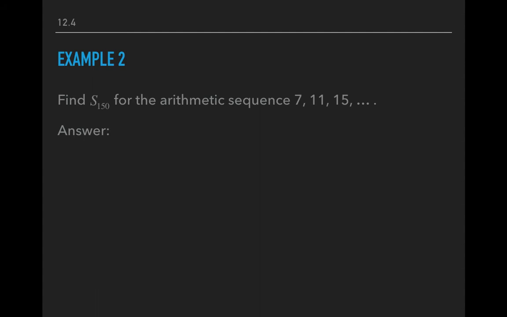So let's find the sum of 150 terms for this sequence. Now, do I know what my 150th term is? No. And do I want to go as far as to try and write all 150 terms? No. So what I will do is identify what I do know. I know that my first term is 7.